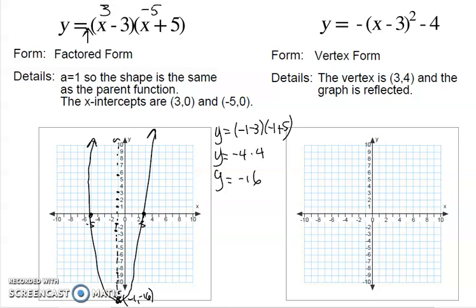In the second problem, we are actually given the equation in vertex form. So the vertex will be 3, 4. Again, if I stick in 3 for x, that creates that 0. So we're always trying to make zeros with the x expression. So if I go over 3, down 4, this is a negative 4.